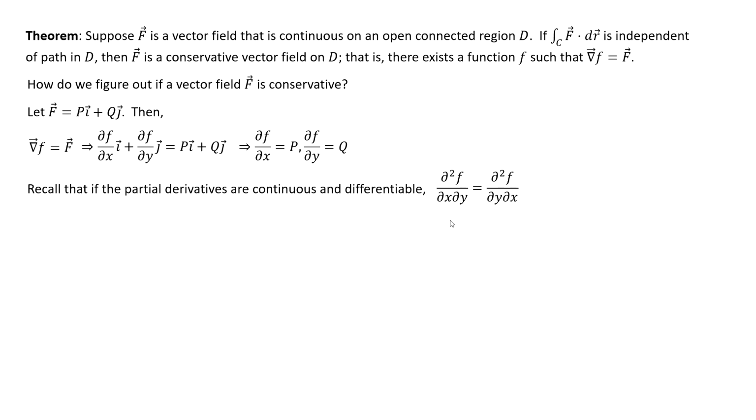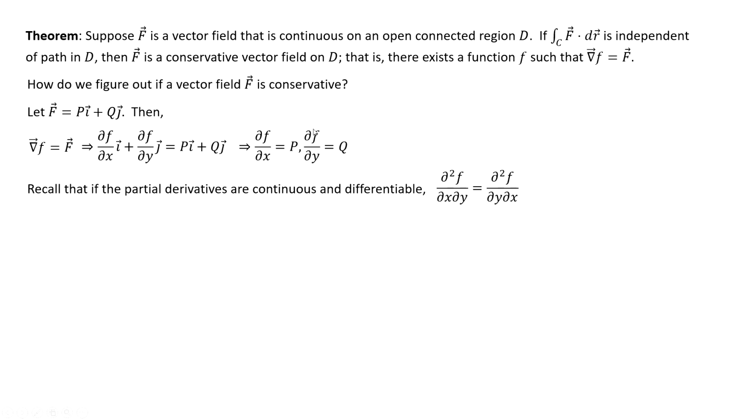Okay, what's the big deal about that? The big deal is, now if I take a partial derivative of this quantity with respect to y, then on both sides I get second partial f with respect to x and y to be partial P with respect to y.